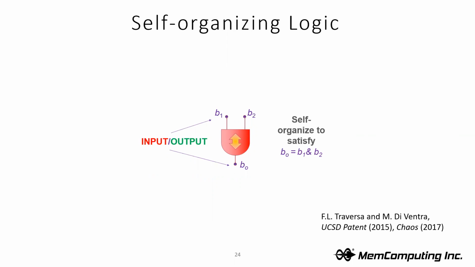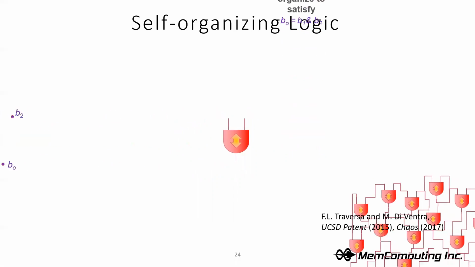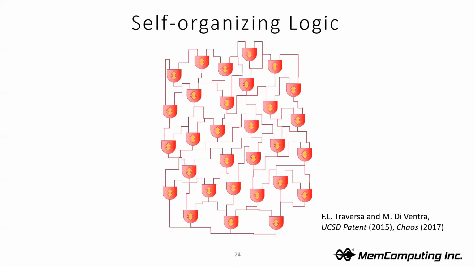Self-organize means that it will find an equilibrium if and only if the Boolean relation is satisfied. Otherwise, the currents and voltages will fluctuate in time. Now, we can take these self-organizing gates and form a self-organizing circuit.